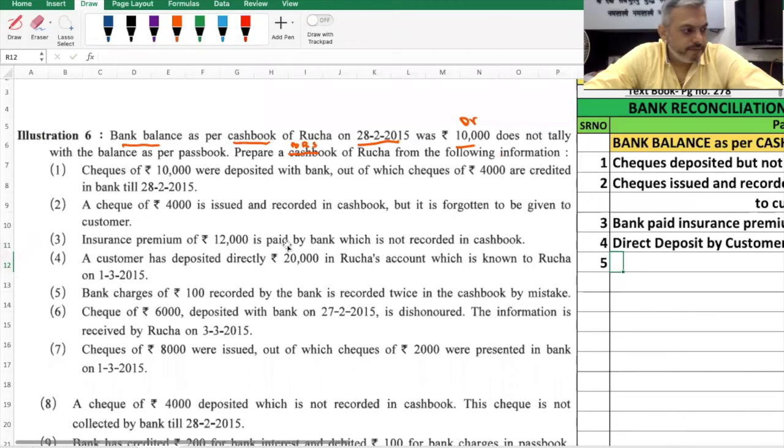Fifth, bank charges of rupees 100 recorded by bank is recorded twice in cash book by mistake. Please mark this ultra important.